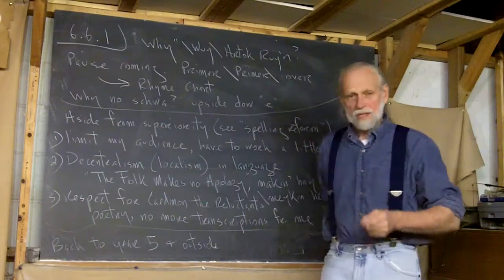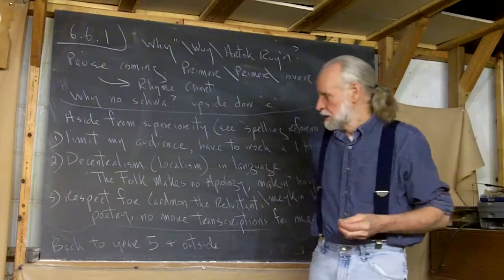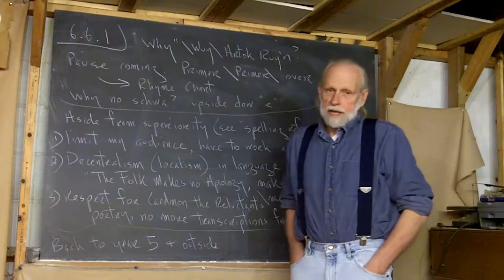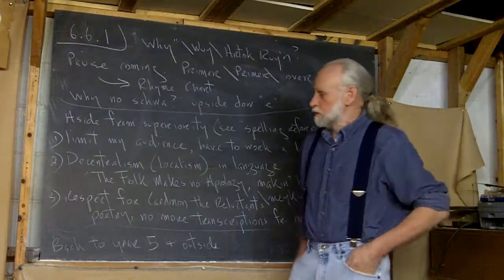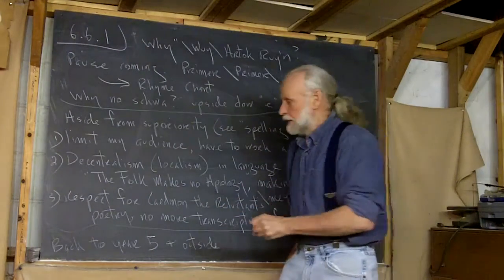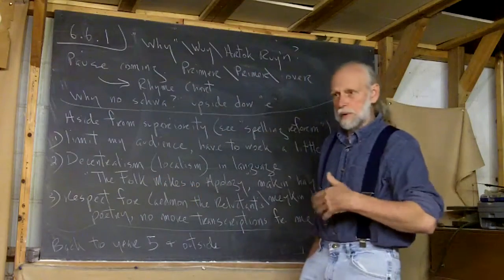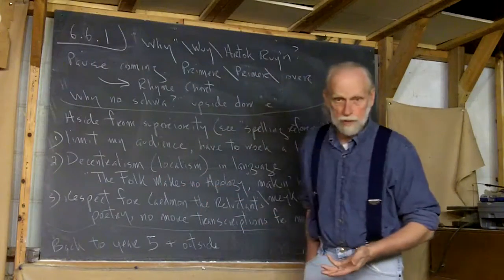A second reason, though, is decentralization. And if that word, or decentralism, if you just can't get comfortable with a word like this, or it seems to take away centralism, on the positive side, you could call it localism, I suppose.